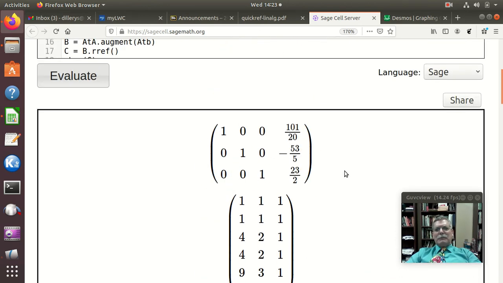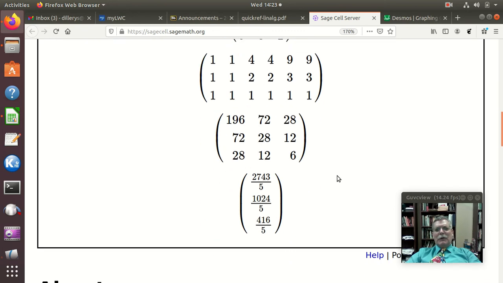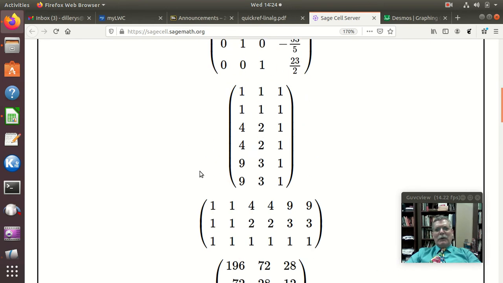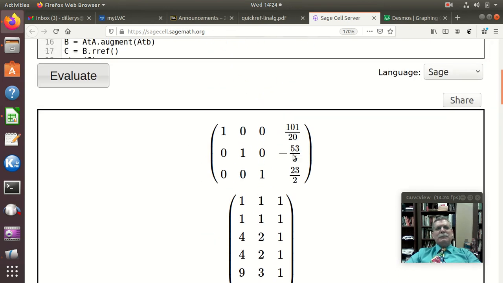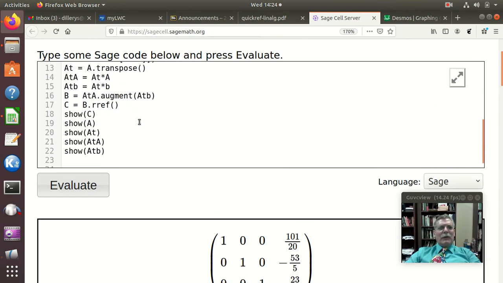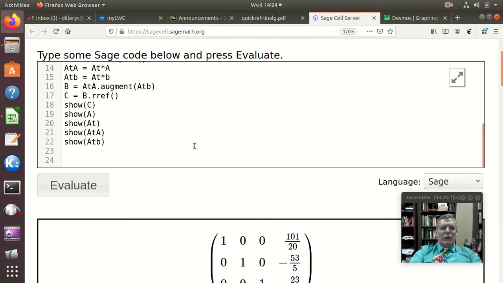And so our solution is, what is our solution? Where was it? Oh, back here. And I can always get at that solution again up here using some of these matrix things. So if I show our answer was in C, it was the last column, so that's 0, 1, 2, 3, column 3.